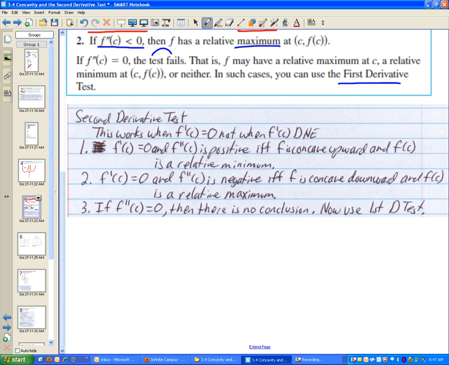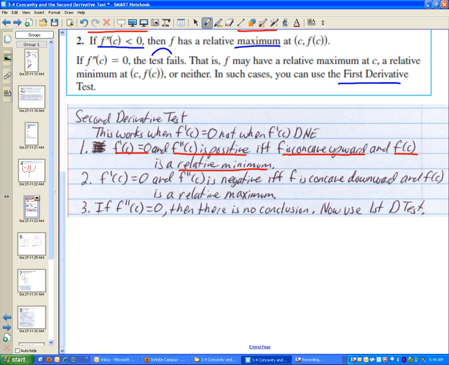Now, if f prime of c equals 0 and f double prime of c is positive, if and only if f is concave upward and f of c is a relative minimum. So, the if and only if, it goes either way. If I know the derivative equals 0 and I know the second derivative is positive, that means f is concave upward, which means at c, there's a relative minimum.